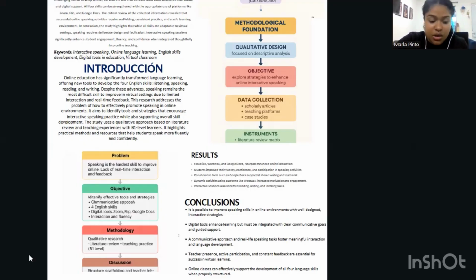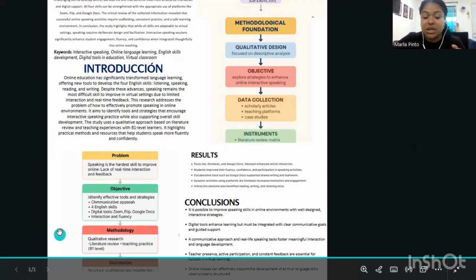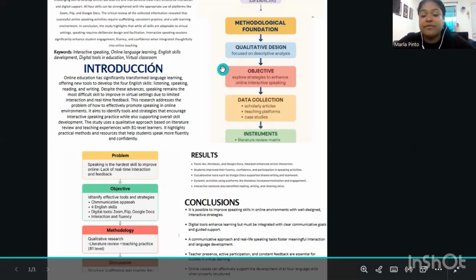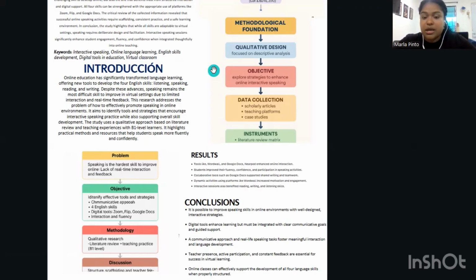Okay, what was the methodology? It was qualitative research: literature review and teaching practice focused on the B1 level. Then we have the methodology foundation. Taking into account that in this research the qualitative design was used, the most important thing was to focus on descriptive analysis.